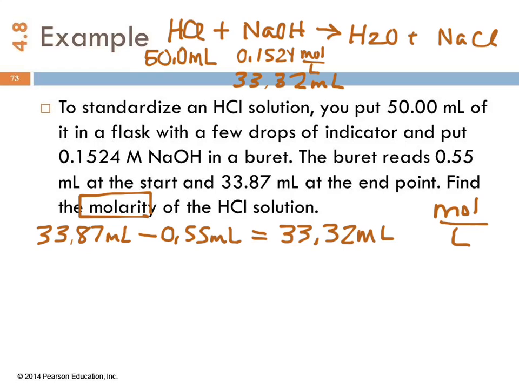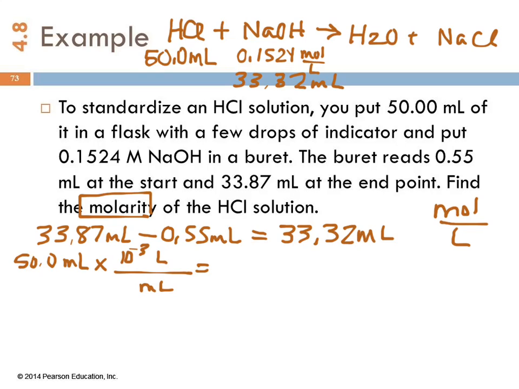Do we know anything about the volume? Right here, 50 milliliters, right? We could convert that to liters. So 50 milliliters, this is the thorough way, milliliters on the bottom, liters on top, milli means 10 to the minus 3.